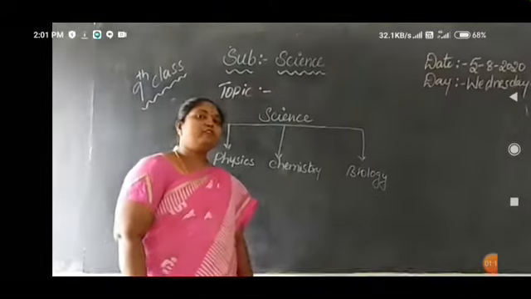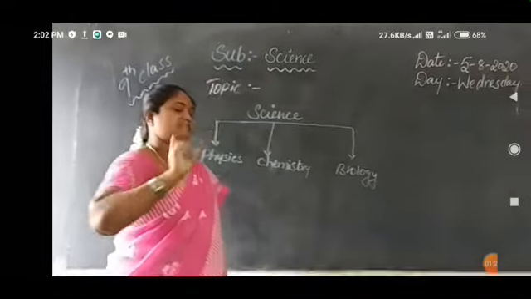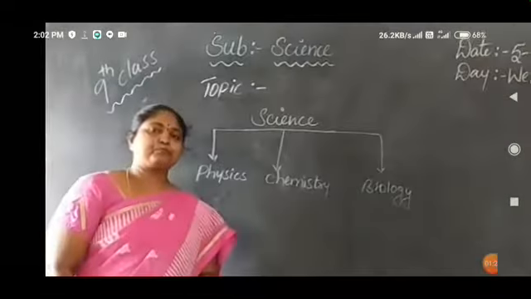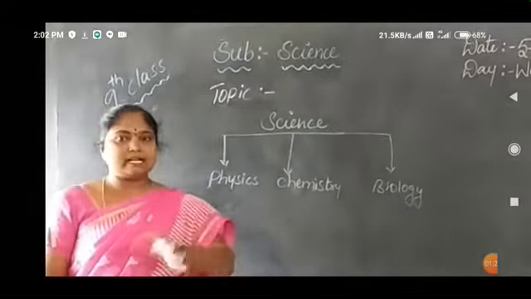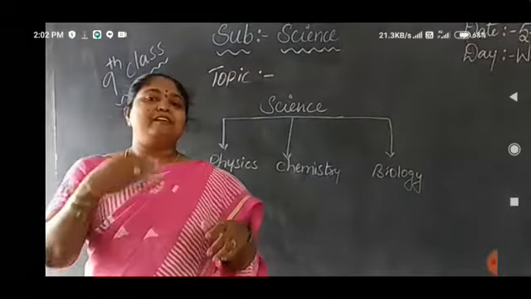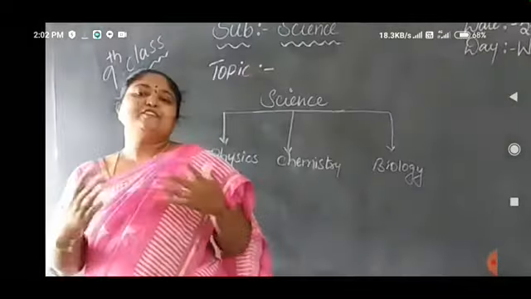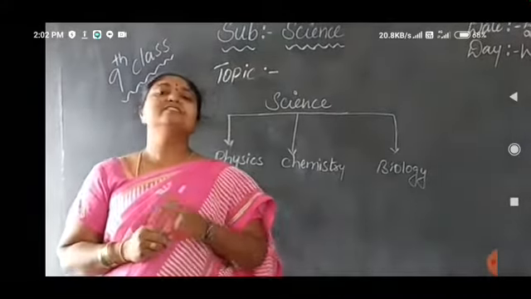Now, let me go for the contents that are present in the physics. In the physics, let me see the contents, children. The first chapter is motion. Next, force and laws of motion, gravitation, work and energy, sound.